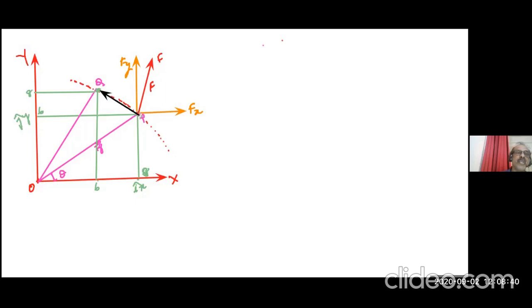When P shifted to Q, along x-axis, the displacement is dx, right? This is say dr. It is going from P to Q. Then x-axis shifted by how much? dx, right? That means 2, for example. And y-axis increased by 2, right?